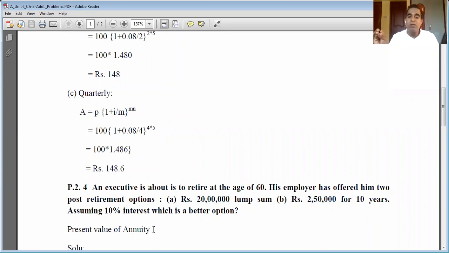Where you have to convert future value into present value, you need to use discounting techniques. In discounting techniques, there are three situations. Definitely 2,50,000 rupees each year for 10 years is a case of annuity. So we need to find out the present value of an annuity.